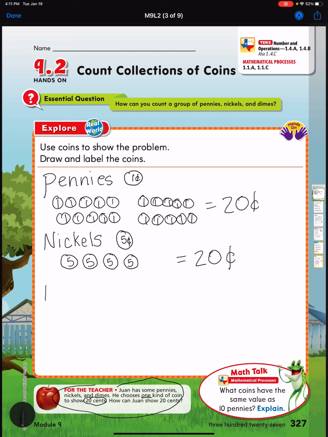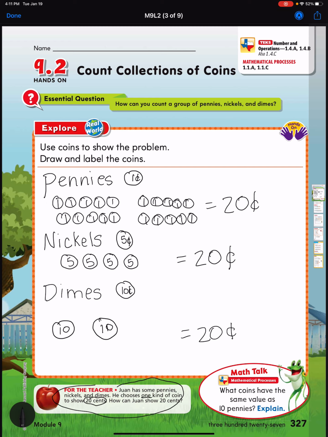All right, I could show the same thing with dimes. I know a dime is worth 10 cents. So when I'm counting out coins to get to 20 cents, I would count by tens. So there's 10 and another 10.